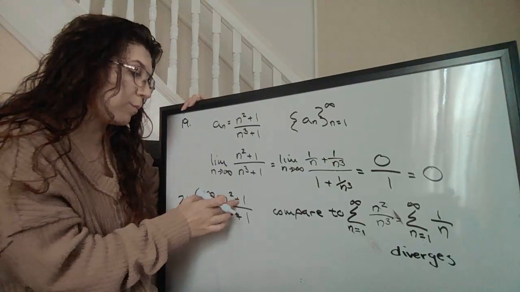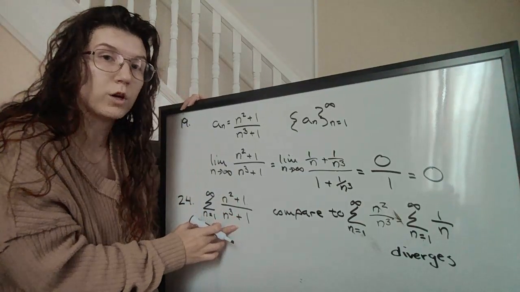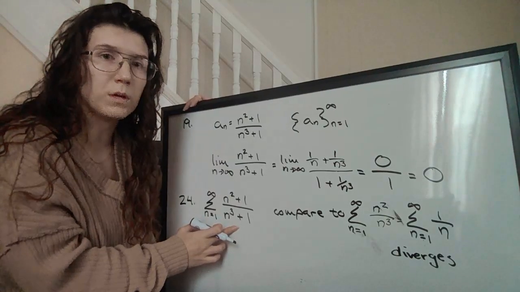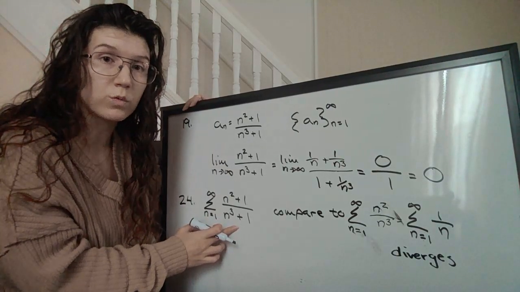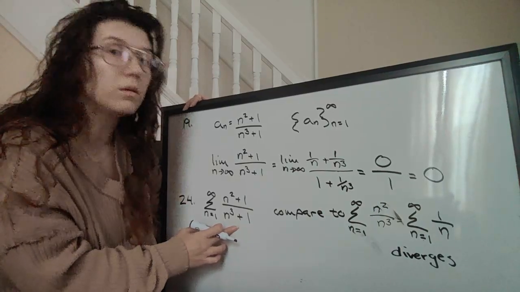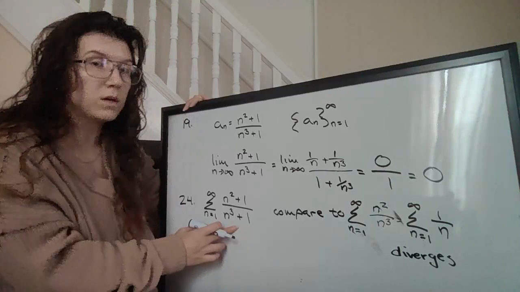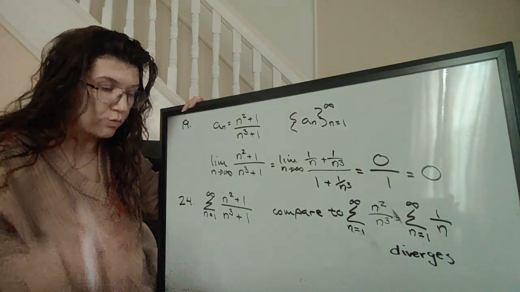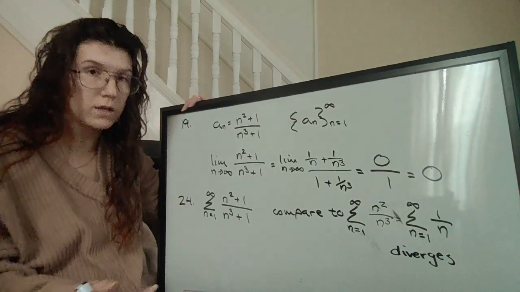But since I have +1 and +1 in my numerator and my denominator, it's not really easy for me to be able to tell which one's bigger and which one is smaller. So what we can do is we can do the limit comparison test. And the limit comparison test is when we do the ratio of these two guys.